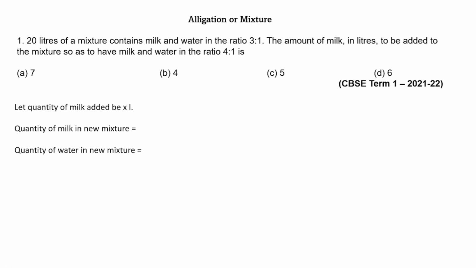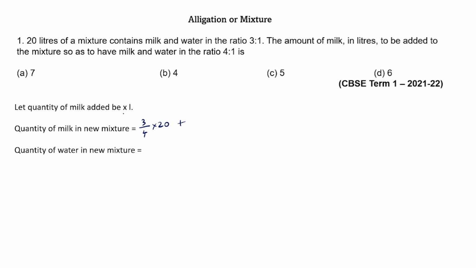So if we assume that the quantity of milk added is X liters, then the quantity of milk in the new mixture will be, initially, the quantity of milk in this mixture, which is 3/4 into 20.